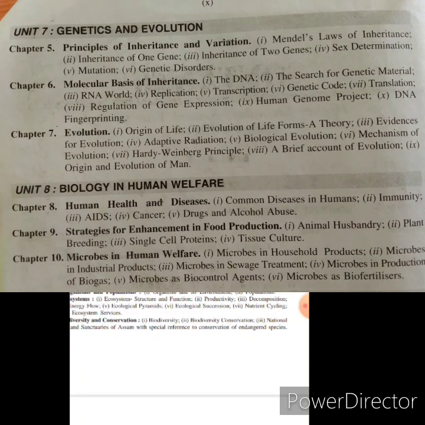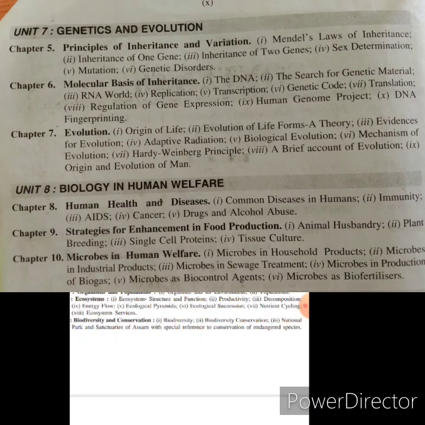So how does it occur? There are several theories. Again, there are very puzzling theories for you. So you have to study these theories carefully. There are minute differences in each theory.